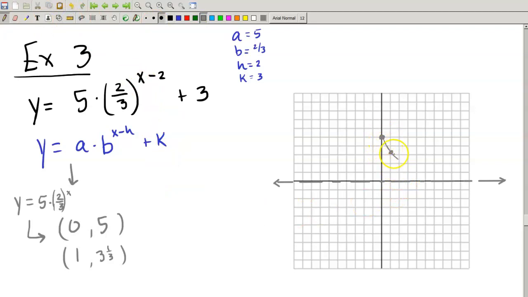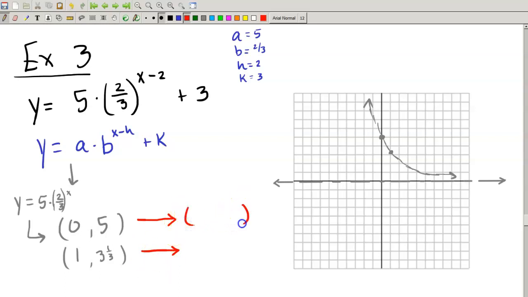I got these 2 points that I'm referencing, and I know it's just going to continue to get smaller and smaller and smaller, and then going to the left, it's going to go up and to the left.